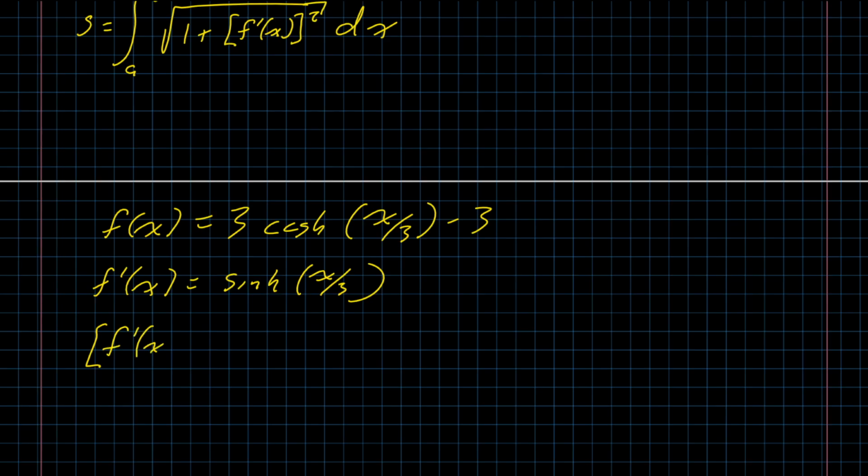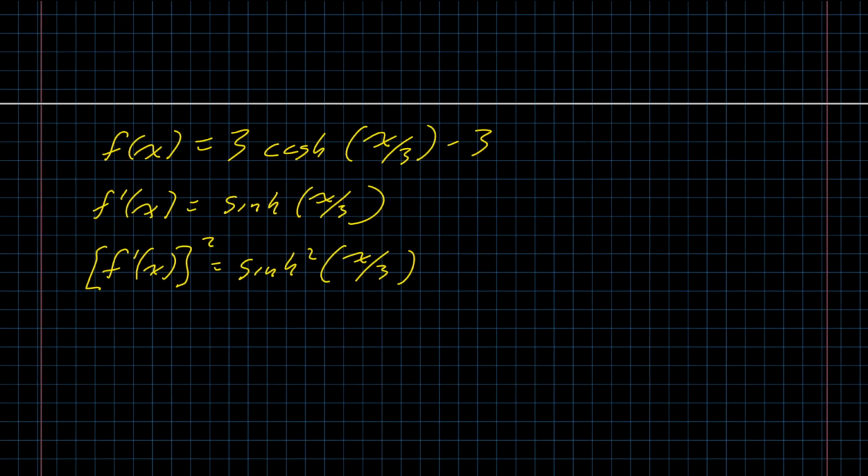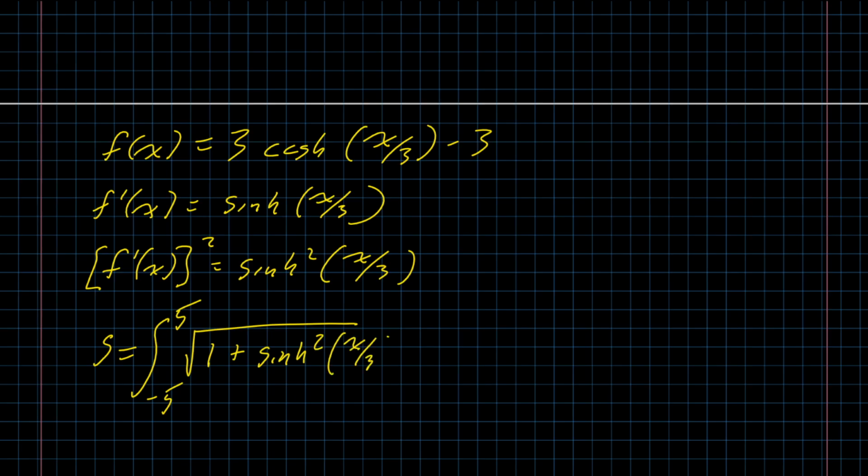F prime of x squared would be sinh squared of x over 3. And we get that s is going to be the integral. Our endpoints here are negative 5 and positive 5. We have the square root of 1 plus sinh squared of x over 3 dx.